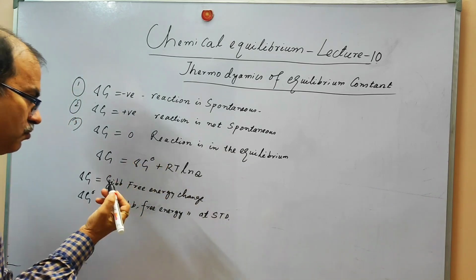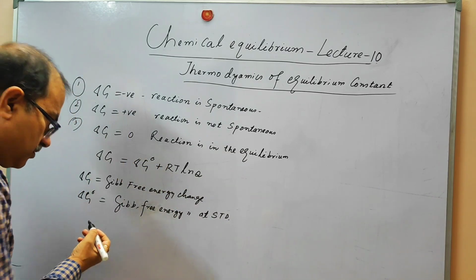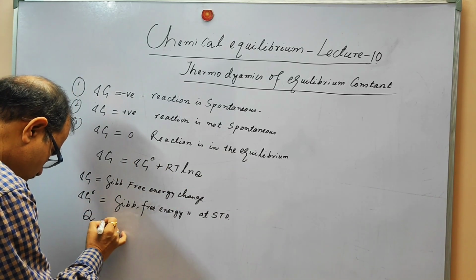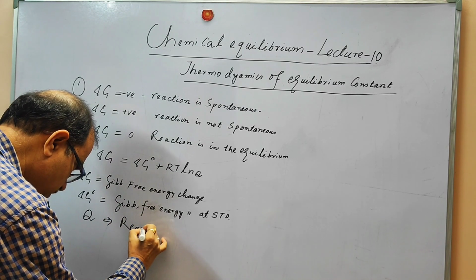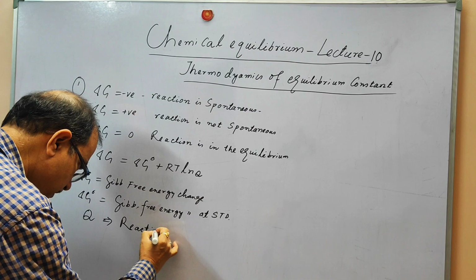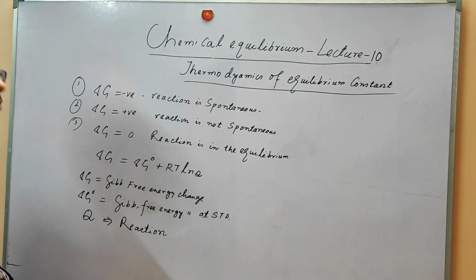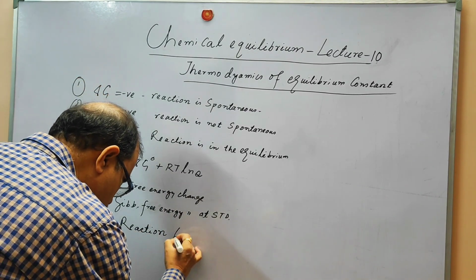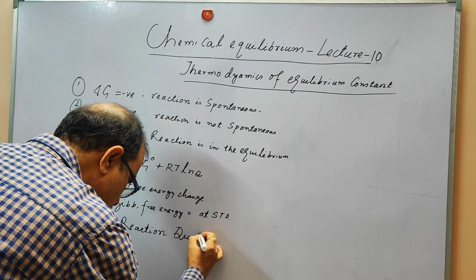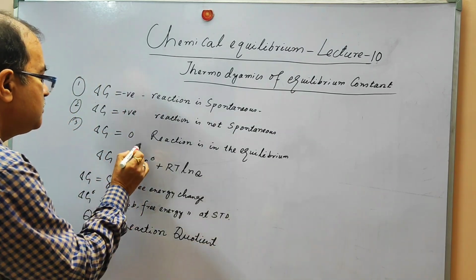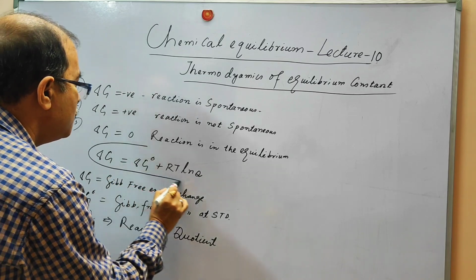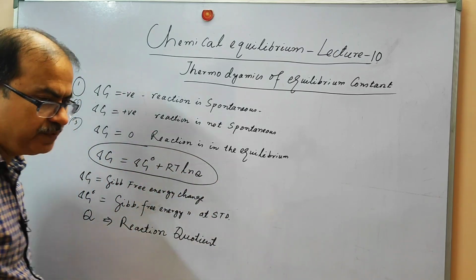And T is the temperature, R is the universal gas constant, and Q is the reaction quotient, that we have already studied in the applications of the equilibrium constant. This is the reaction quotient. This is the relationship, the thermodynamic view of the equilibrium.